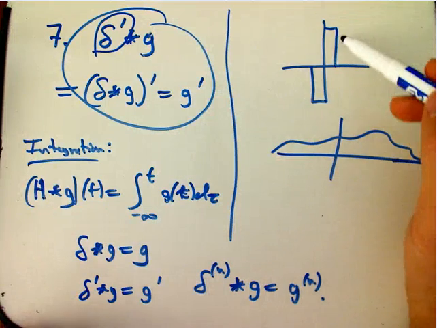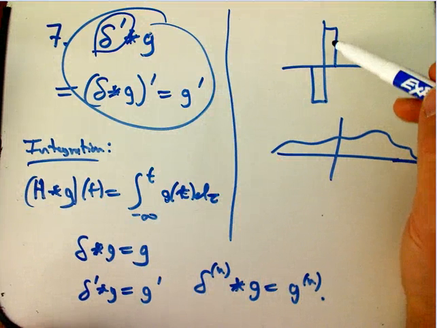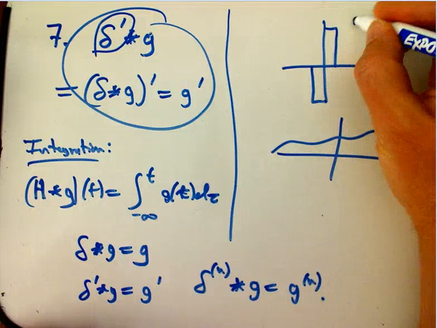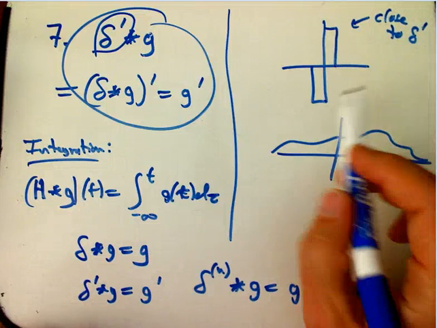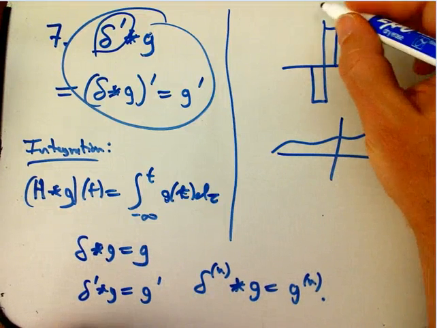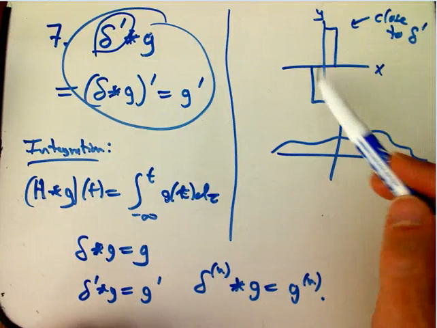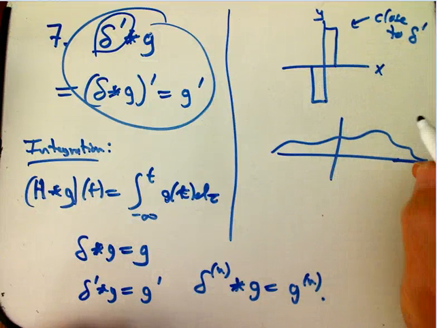Again, we can go back to the idea of approaching distributions from honest functions. So this guy is close to delta prime, this kind of down-up pulse. And what happens if you convolve that with a function f?